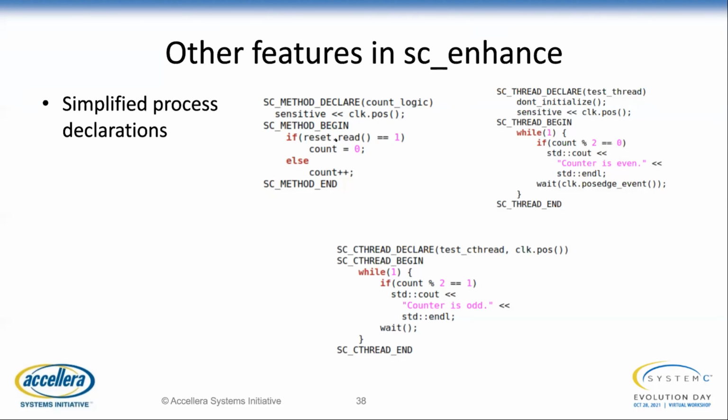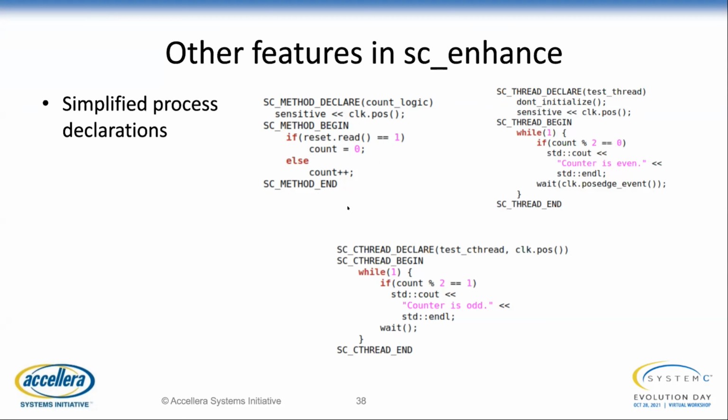So I think it would be sometimes easier to put all of these parts in the same place: declaration, sensitivity list, and the body. And you can use these macros, SC method declare, SC method begin, SC method end. And you can do this in the body of the SystemC module. So this is a declarative construct.